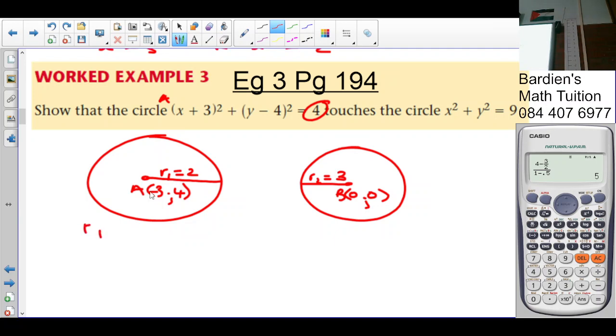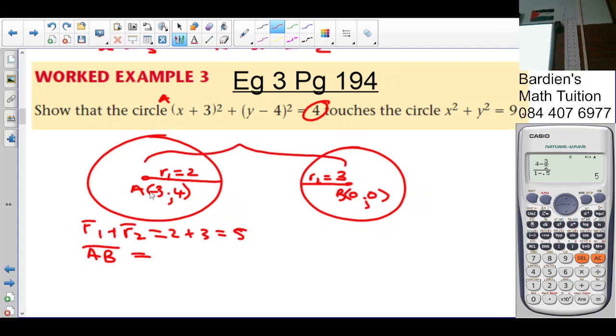So what is R1 plus R2 equal to? 2 plus 3, which is 5. So if the distance between A and B is 5, the circles touch each other at 1 point. So how are we going to calculate the distance between the two centers? Distance formula.